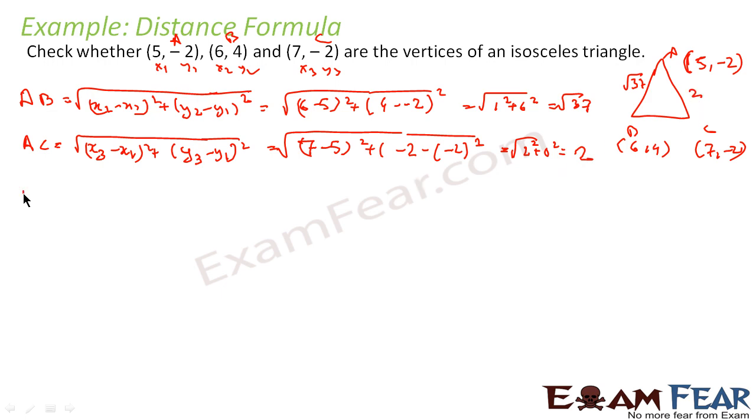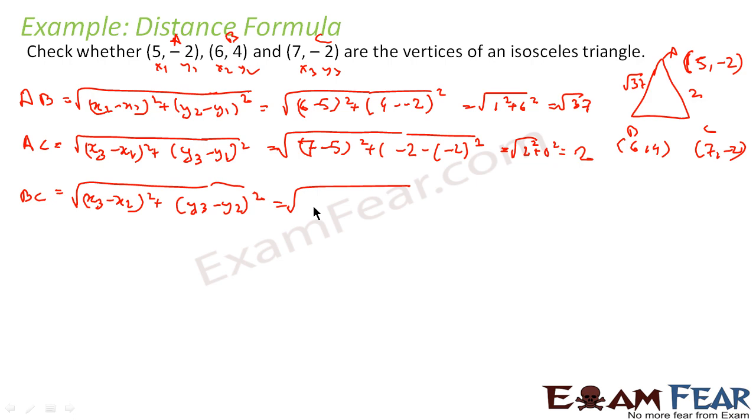Now let me find BC. In BC, if you see, the points are x2, y2 and x3, y3. So this will become root of (x3 minus x2) squared plus (y3 minus y2) squared. What is x3?